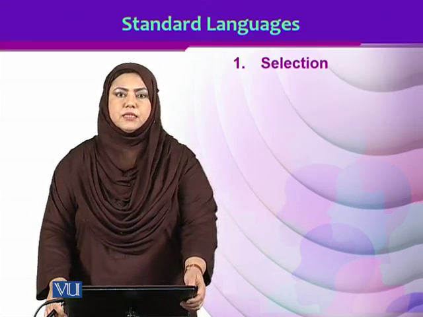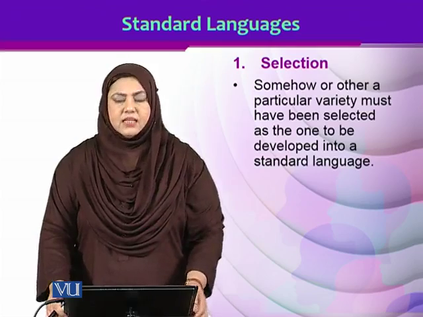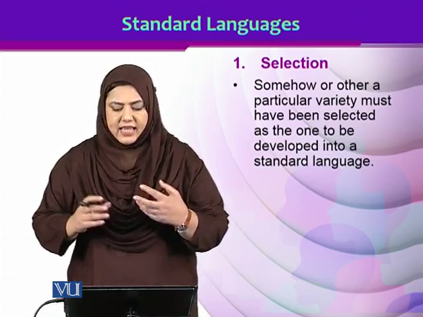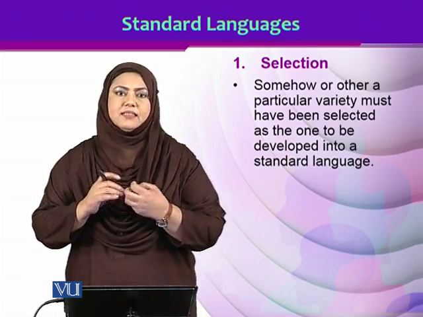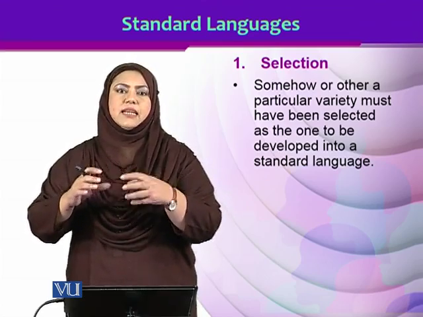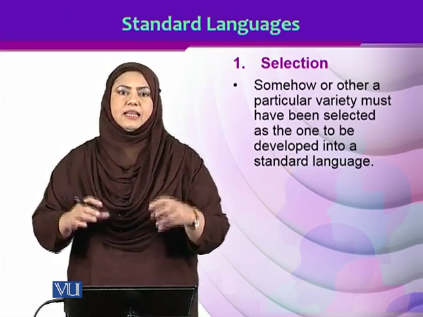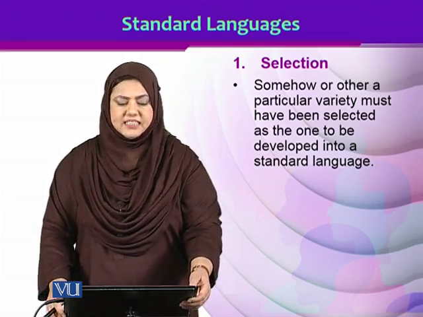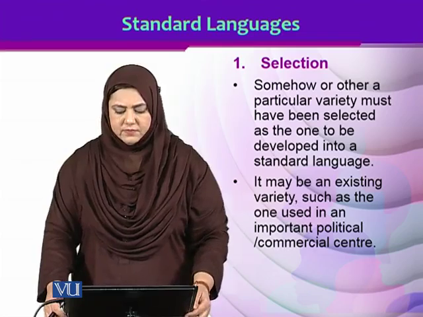Coming to the first step, that is selection. Somehow or other, a particular variety must be selected to be developed as a standard language. If there are certain non-standard languages or dialects, one has to be picked and chosen to be established as a standard language.